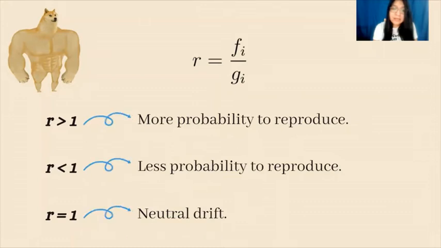If R is greater than 1, the mutant is more likely to reproduce. If it's less than 1, it's less likely to occur. And if it's 1, it's called neutral drift. That is the case we have already studied.